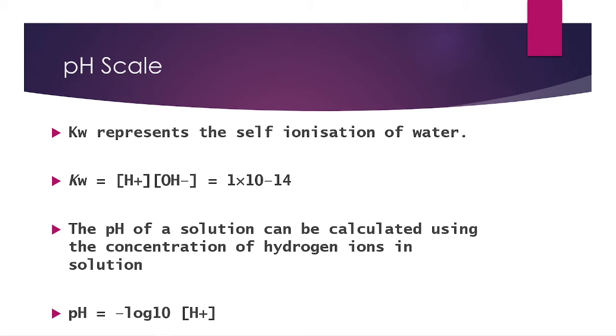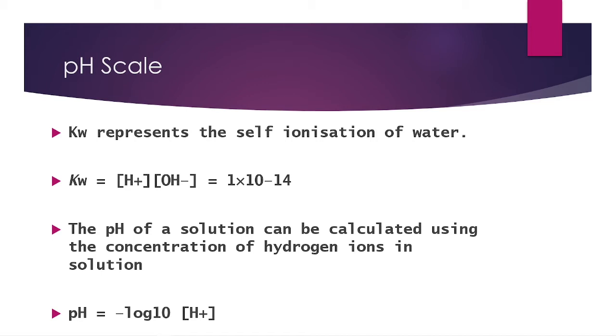pH scale. This seems a weird title, but firstly we're talking about the Kw, which is the self-ionization of water. So water is one of those funky solutions that can act as both an acid or a base depending on what it is paired with. When it's paired with itself, it can in itself become an acid and a base. So essentially what that means is water has equal amounts of H+ and OH- ions.